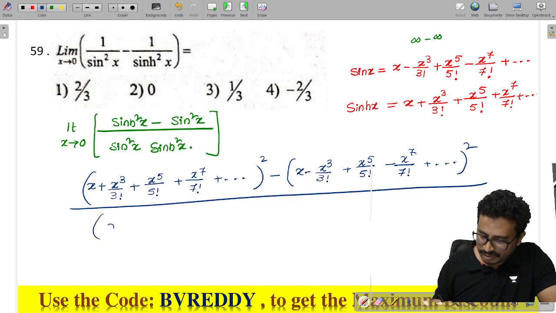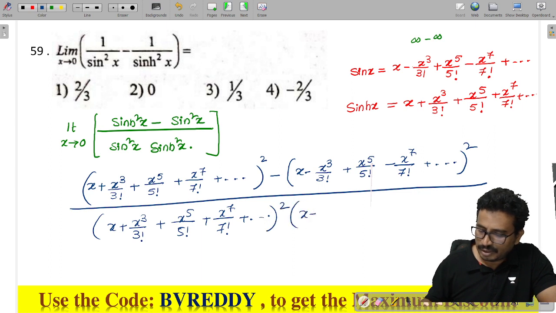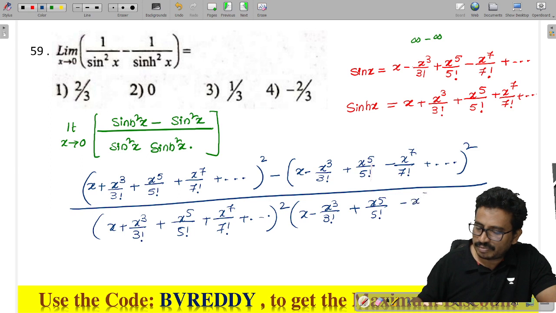So what we have is x plus x cube by 3 factorial plus x power 5 by 5 factorial plus x power 7 by 7 factorial, like this in whole square, into x minus x cube by 3 factorial, x power 5 by 5 factorial, x power 7 by 7 factorial. Like this it will continue.